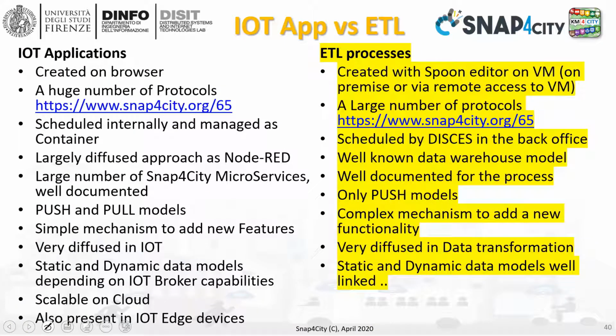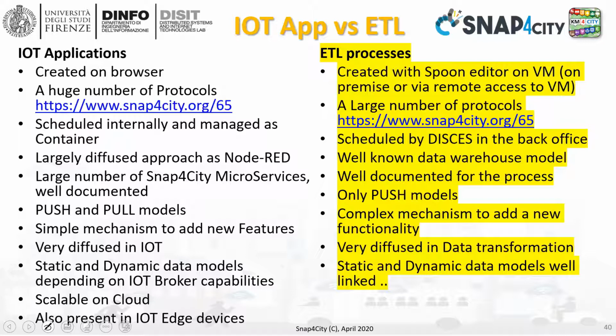So in the Snap4City platform, you can collect data by using two approaches: IoT application or ETL process. As already mentioned, the ETL processes are practically deprecated, so we are trying to substitute them with the IoT applications, which are faster, easier to use, and so on.